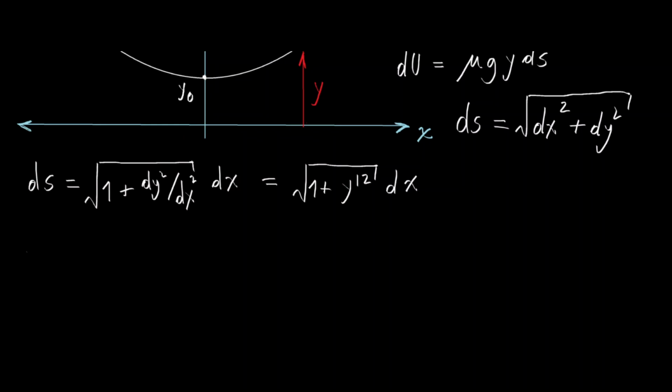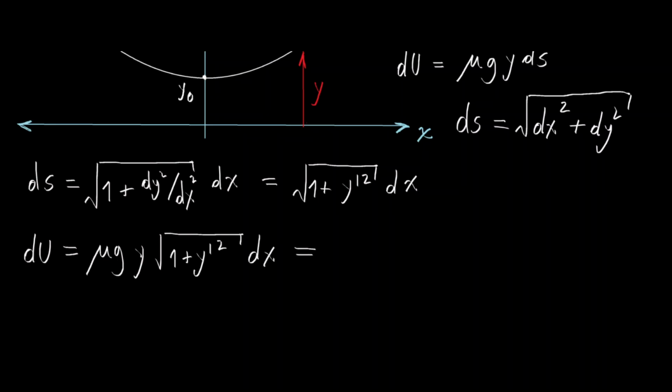This allows us to write the potential energy dU as mu g y times this square root times dx. And of course, if we now want to calculate the total gravitational potential energy of our cable, we simply need to add all these small potential energies.